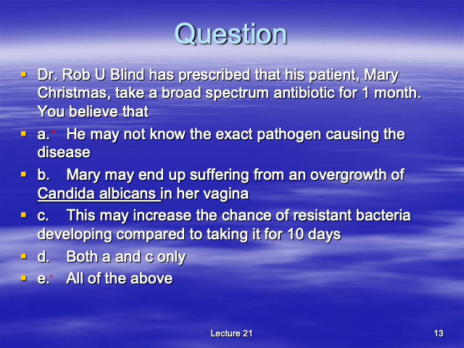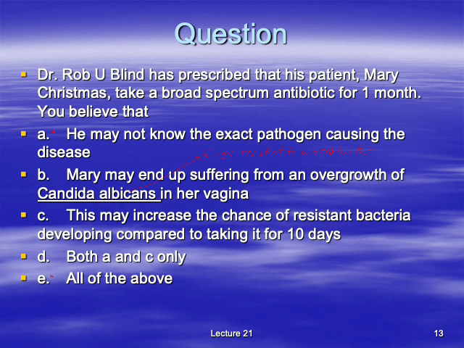But this Candida albicans, remember I kind of mentioned that in the asynchronous lecture. This is actually a fungus. It's resistant. It's not going to be hurt by antibacterial antibiotics. It's resistant to antibiotics, and it's normally in the vagina.